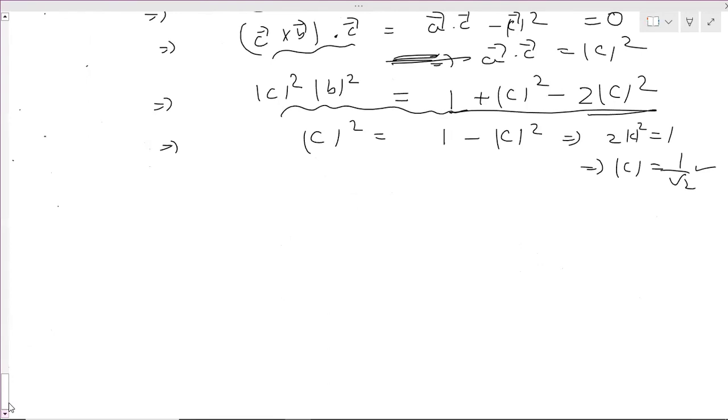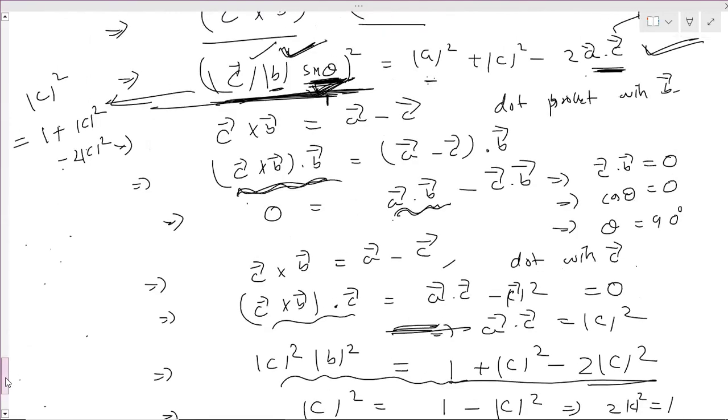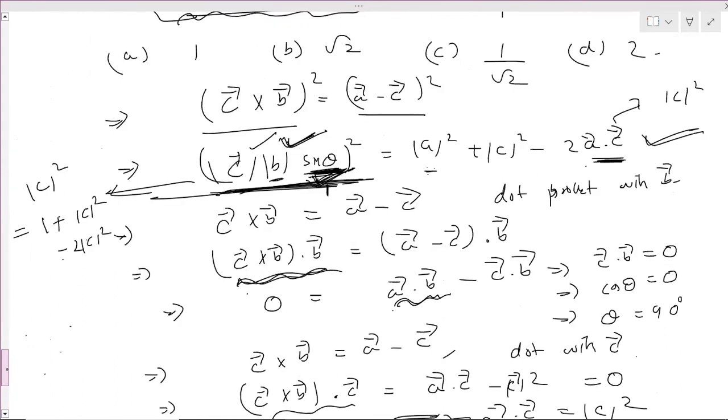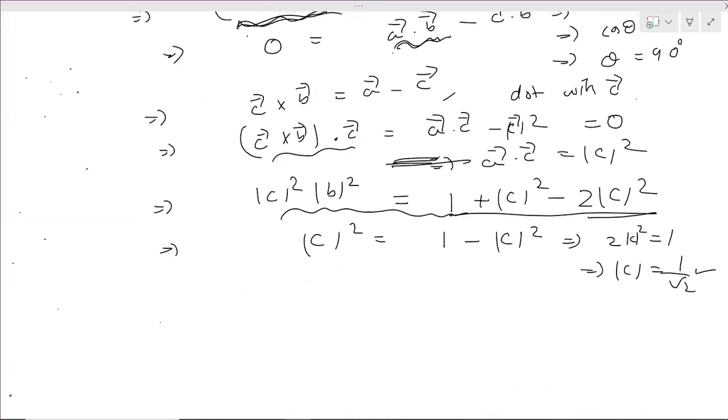So if we do the dot product with A at first, and then we use triple product. Sorry, your voice is very low. Can you be a bit louder? So if we do the dot product with A in the beginning and then use triple product, is that right? Okay. Let me see the method you are saying.